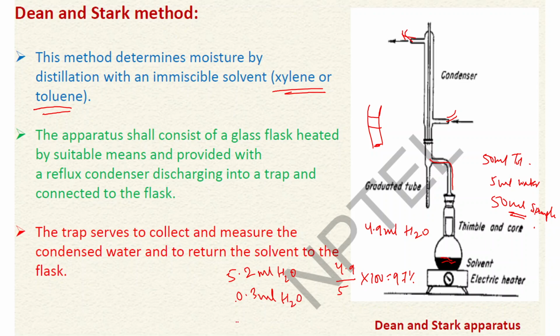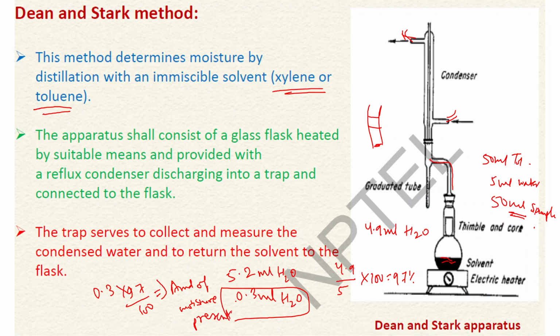Okay, so how do we get how much water is present in the kerosene? We will multiply it with the efficiency. Okay, so this is basically the amount of moisture present in our crude oil.